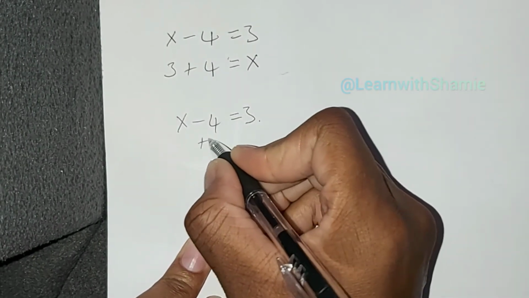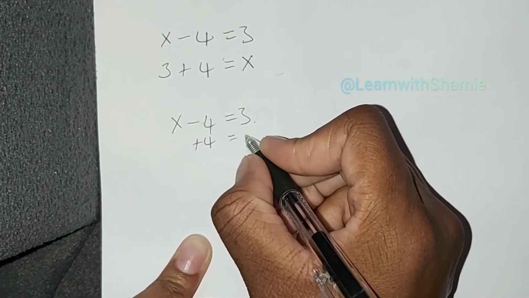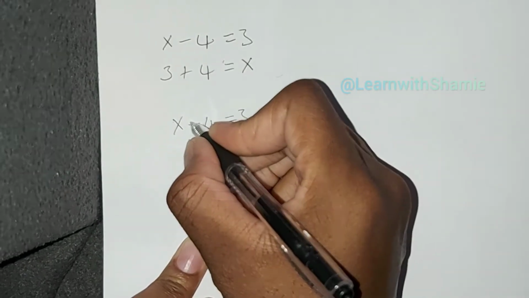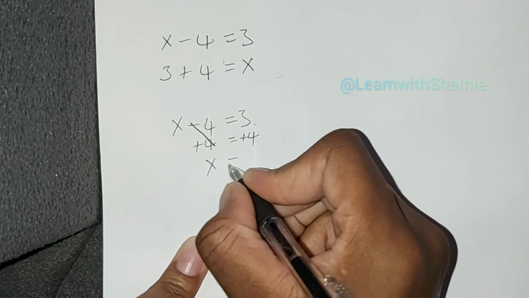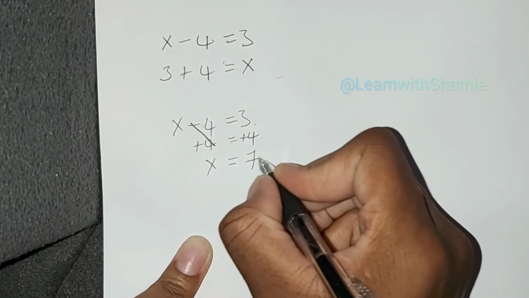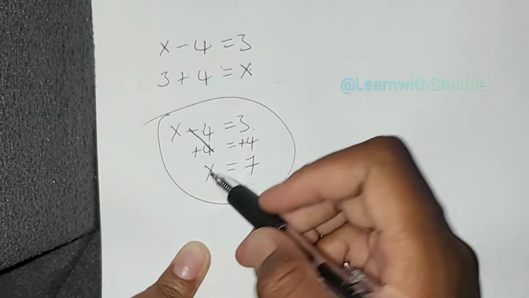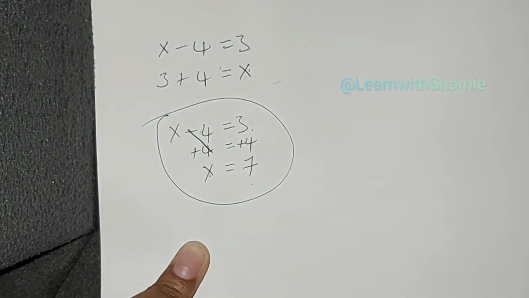So we're going to use positive 4 to eliminate the negative 4, and we're going to add a positive 4 to this side as well. So that would cancel that. Then x would equal 4 plus 3, 7. So you see exactly what I mean? X would have the same value in both equations.